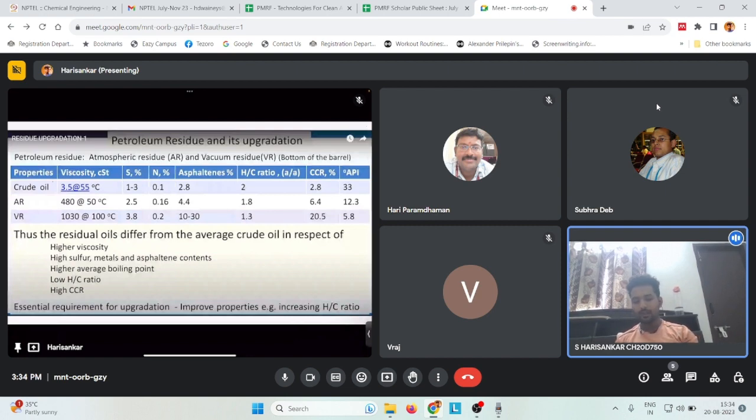So, petroleum residue and its upgradation. In this table, you can see the different petroleum fractions. One second. I'll just make sure this connection is also secure.